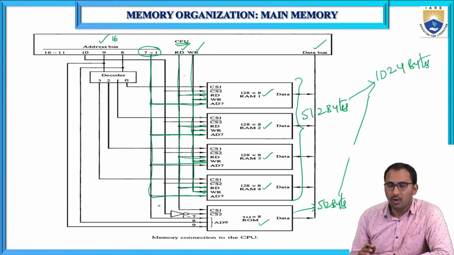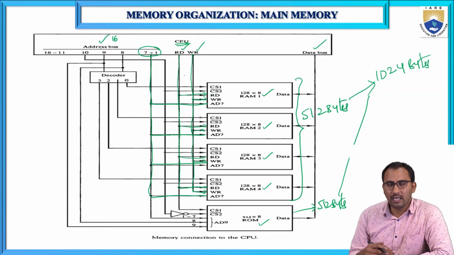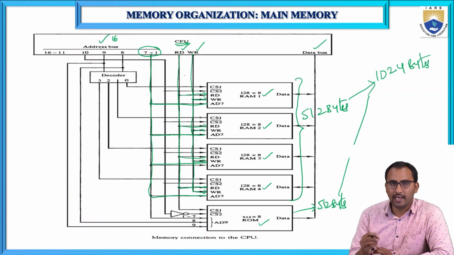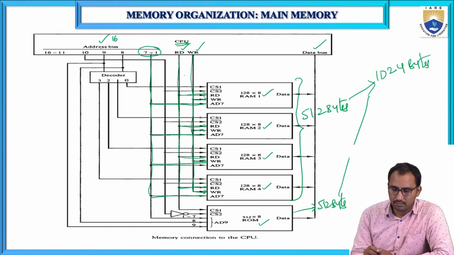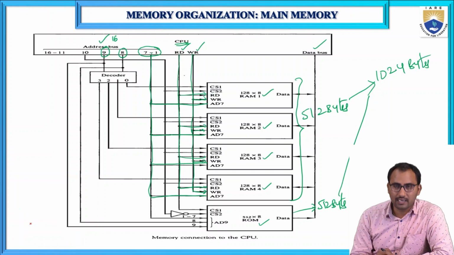Now we need to distinguish the RAM chips, whether we are choosing RAM 1, RAM 2, RAM 3 or RAM 4. How can we distinguish? By decoding address lines 8 and 9, we can select a particular RAM chip.